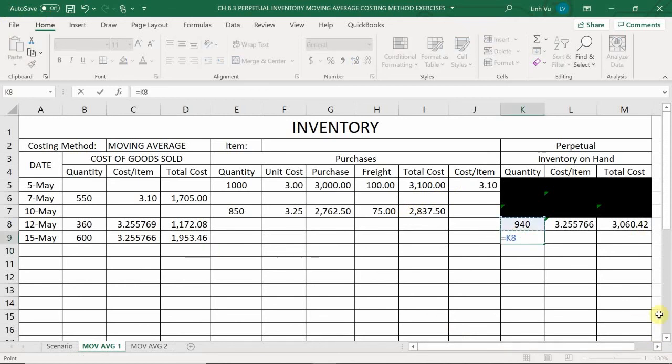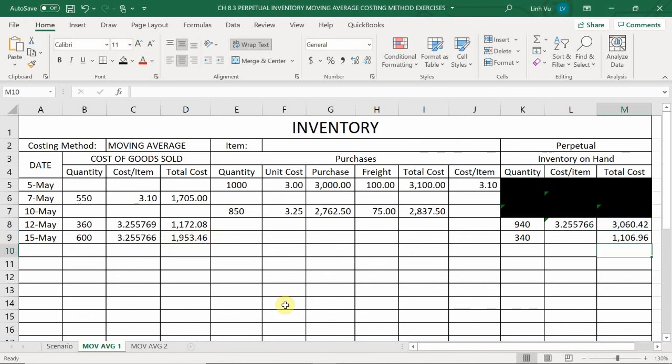So then let's update my inventory, okay? So how much should I actually have left if I sold 600? 340. Okay, at what total cost? $1,106.96.